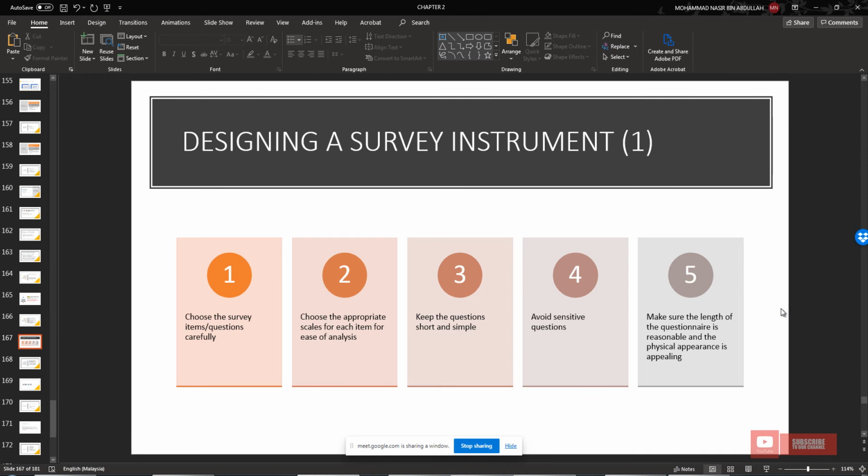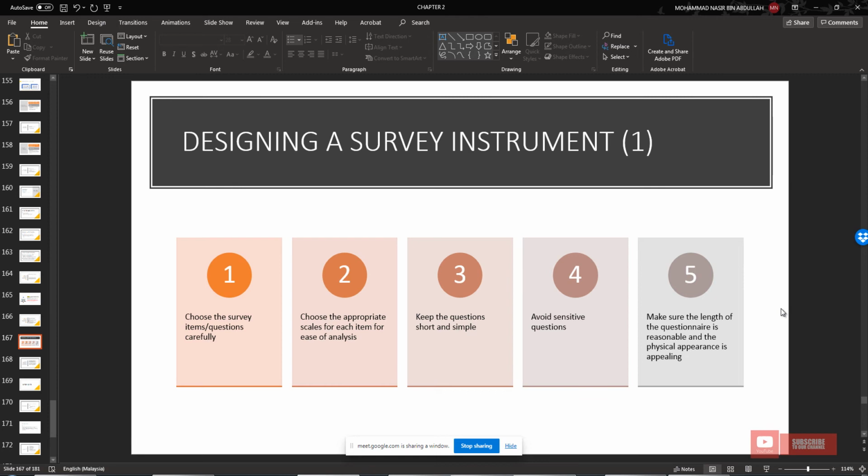Before designing a survey instrument or questionnaire, the first thing you need to do is set up your objective, right? You need to know what objectives you want to measure. For example, the first one, I want to measure the knowledge of dengue fever among the respondents in Perak Tengah.